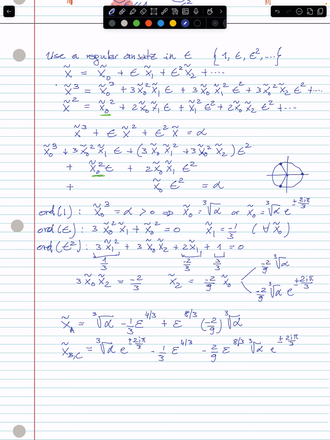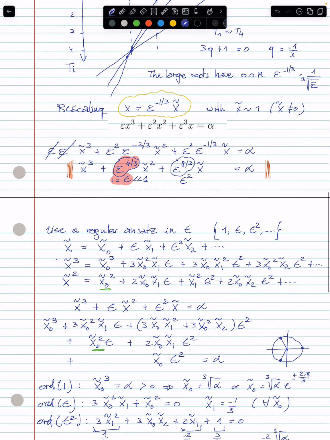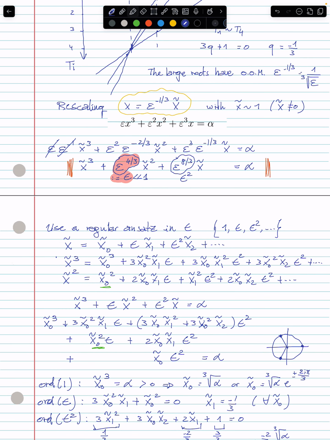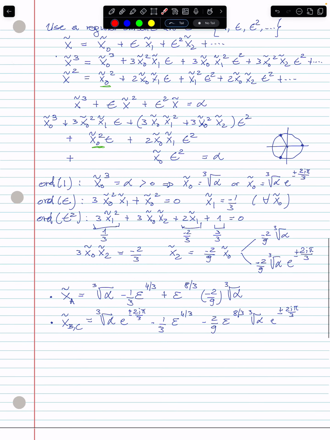Got it? And now we need to return back to x. To return back to x, we'll consider again the change of variable, the rescaling that we did. So we need to multiply x tilde by epsilon to the power minus 1/3.